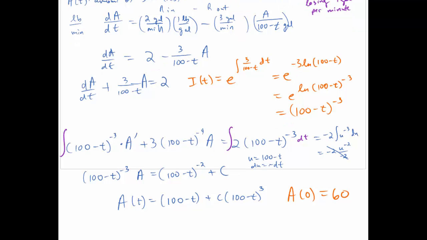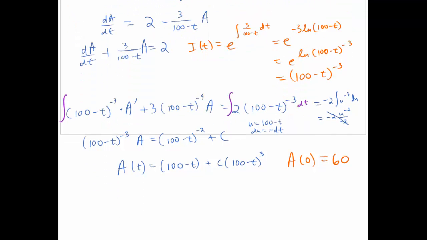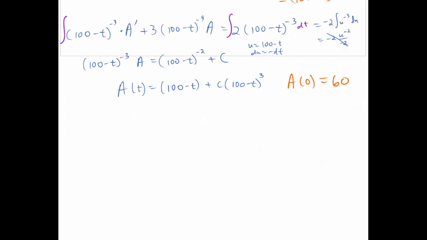Let me get a little bit more room here. A of 0 was 60, so that tells us that 60 would equal 100 minus 0 plus c times 100 minus 0 cubed. So 60 is equal to 100 plus 100 cubed times c.